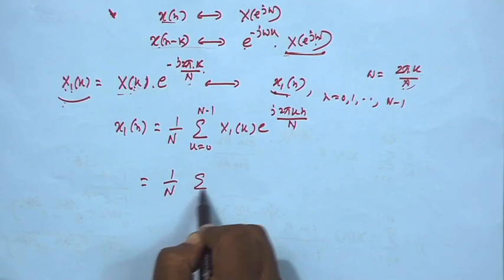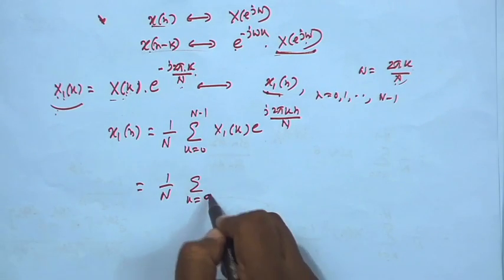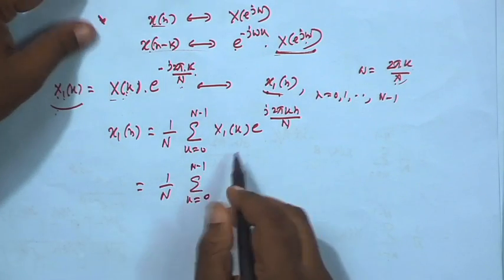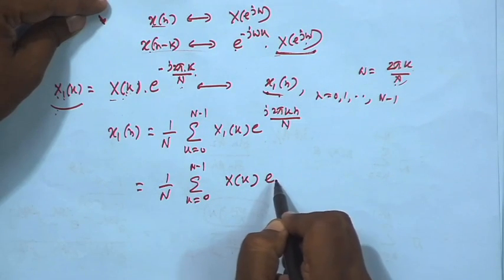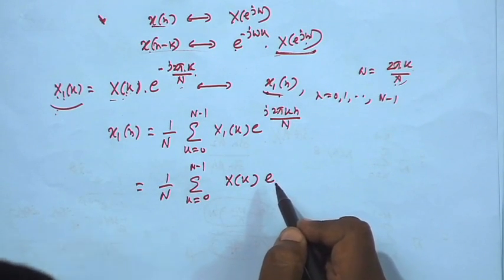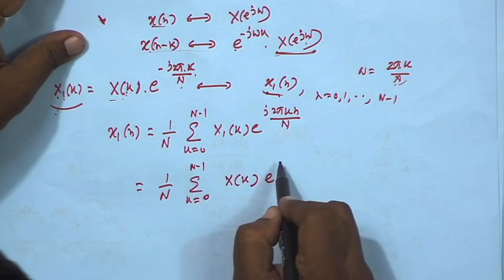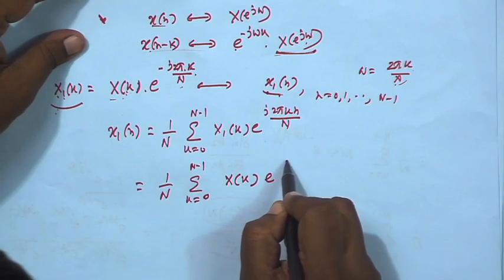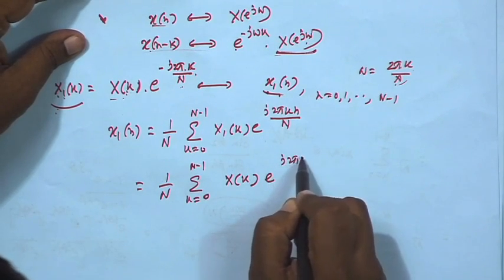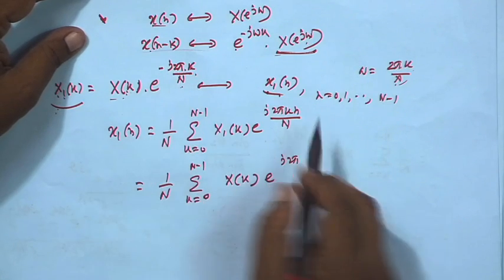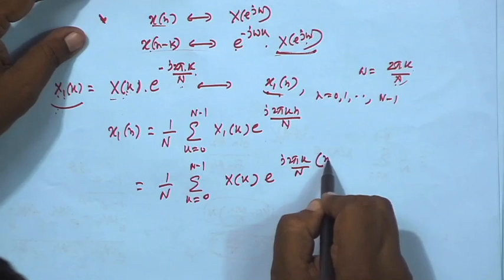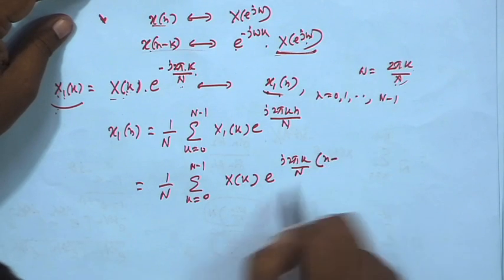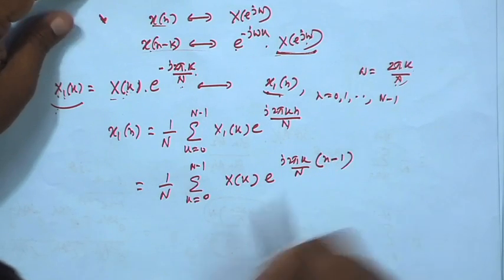So, as you run the summation, you bring that factor here, e to the power j 2 pi k by n into small n minus 1.